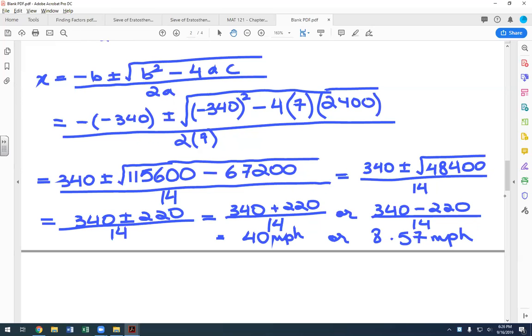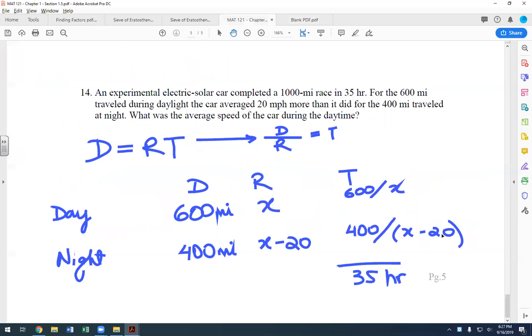Now, if you had set x as your nighttime speed, what extra step would we need to take? You'd have to add 20. If you had set x as your nighttime speed, then your daytime speed would have been x plus 20.